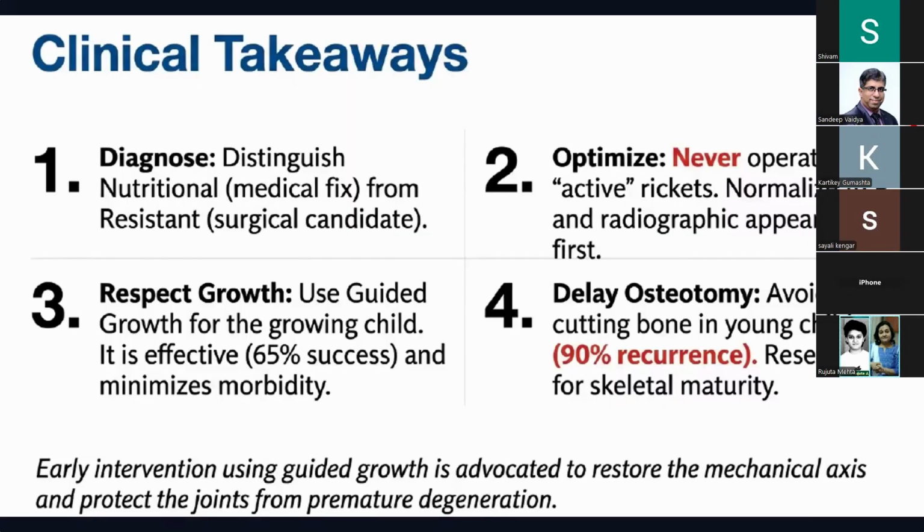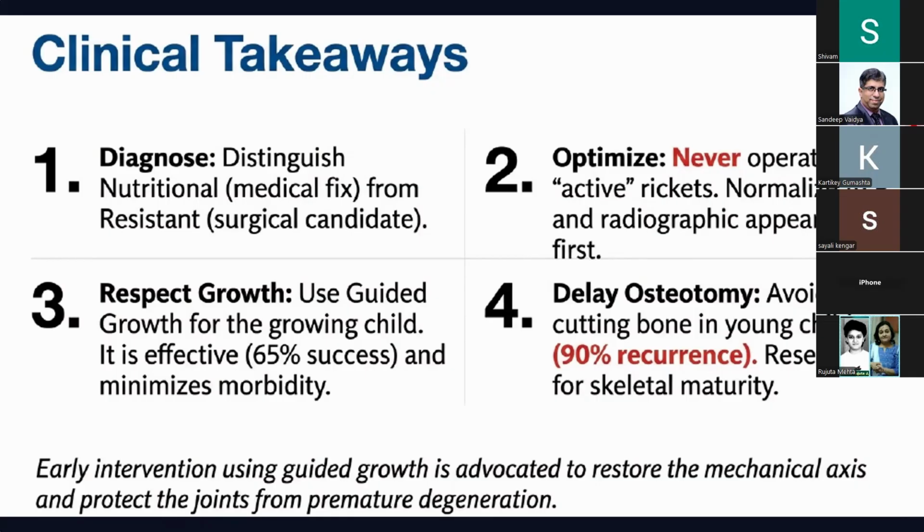Clinical takeaways: the first thing we do is diagnose and distinguish the nutritional type from a resistant type, and we have to optimize the patient first. Active rickets should not be operated on. Alkaline phosphatase should be normalized or at least show a decreasing trend, and the radiographic appearance should be improved. Then growth should be assessed.